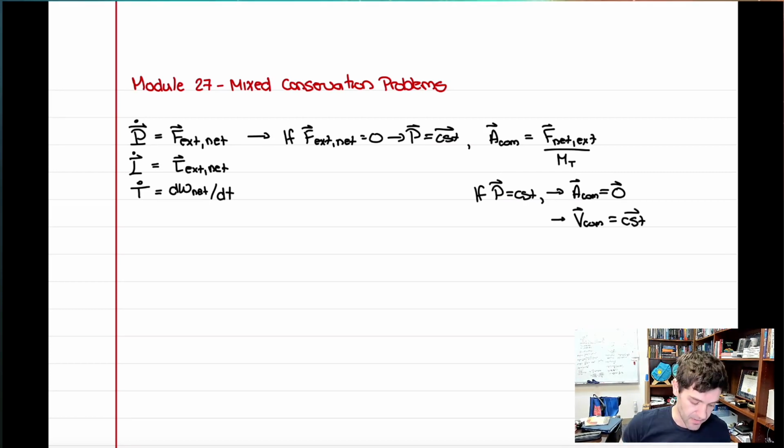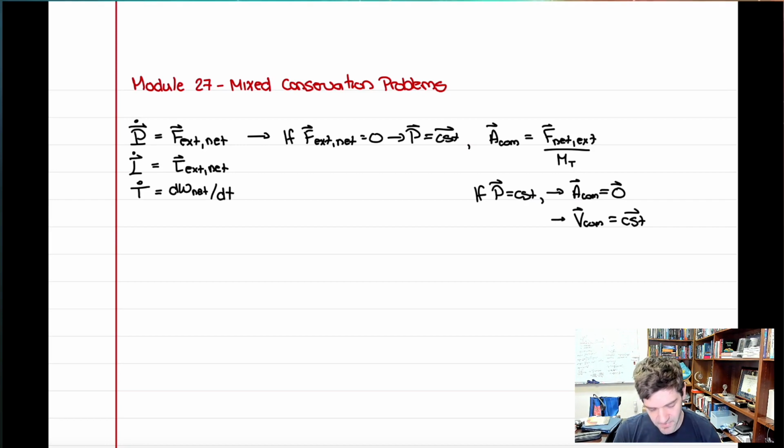Particularly if it's 0, if the center of mass is initially stationary, it remains stationary. And there are problems you can think of, like planets and moons going around each other. They're all orbiting around their common center of mass. But if that's the system, then while there's all this relative motion going on, the center of mass of that solar system is stationary, unless there are external forces tugging on what's in your system.